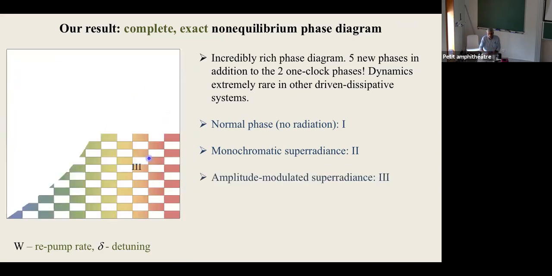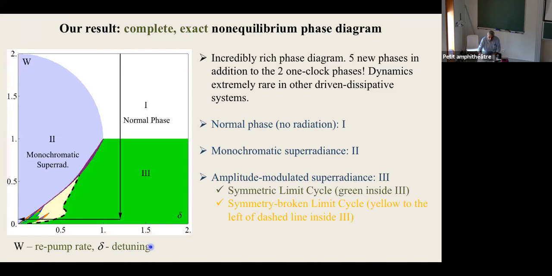So overall, this region 3 can be summarized by saying that it's amplitude modulated superradiance. So what amplitude modulated means is that the intensity is going to depend on time, and it can depend on time in different fashions. So let us walk along these arrows and see what we see.